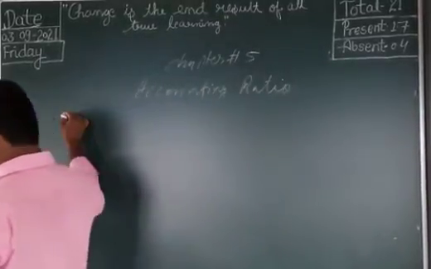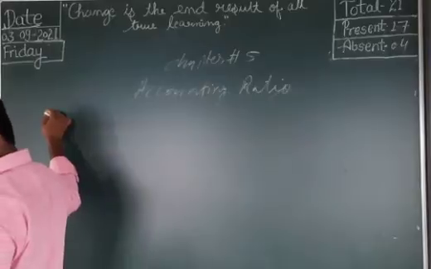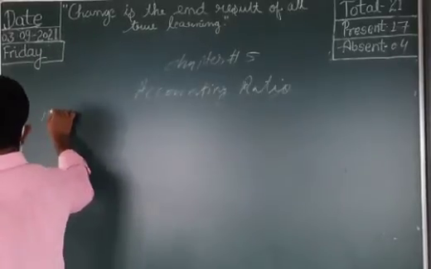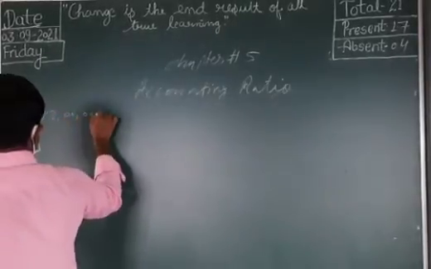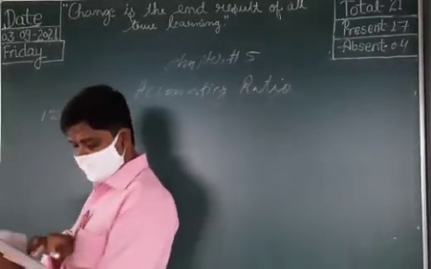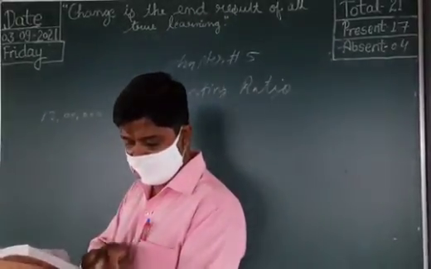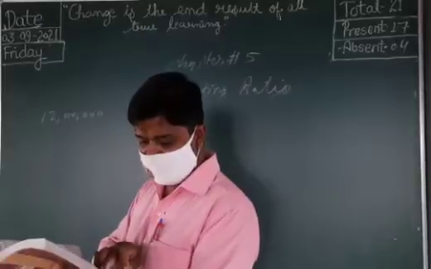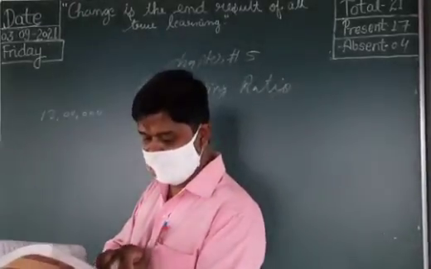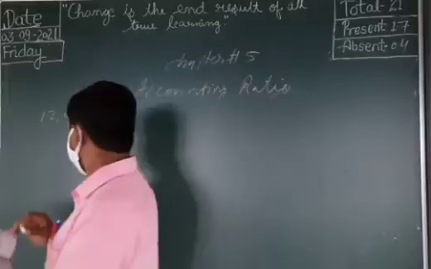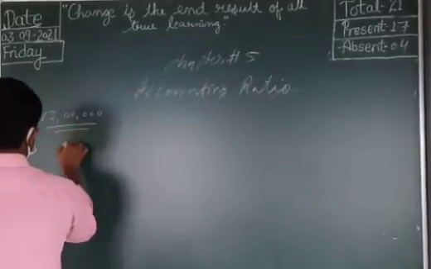Here it is directly given, credit purchases 12 lakhs. Next, creditors on 1/4/2014, that means beginning creditors, is 3 lakh.